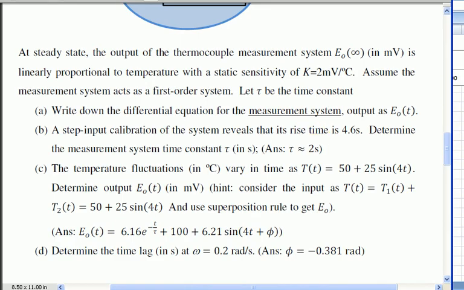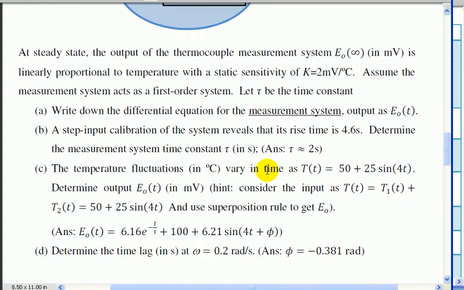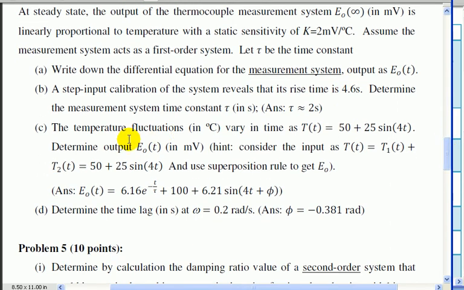So what you need to understand is what a rise time is. If I go back to here, rise time means the time when the output reaches 90% of this steady state value K A. He asks what's the time constant based on this quantity, 4.6 seconds. Then, given a fluctuating environment temperature, I want you to determine the output.